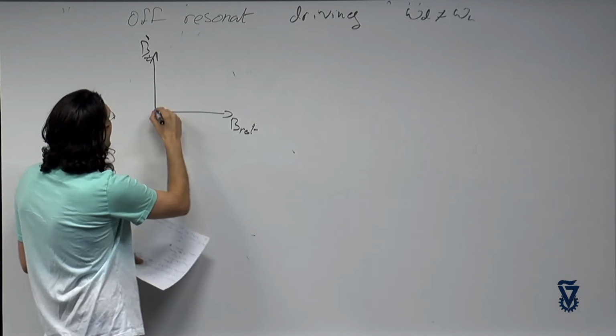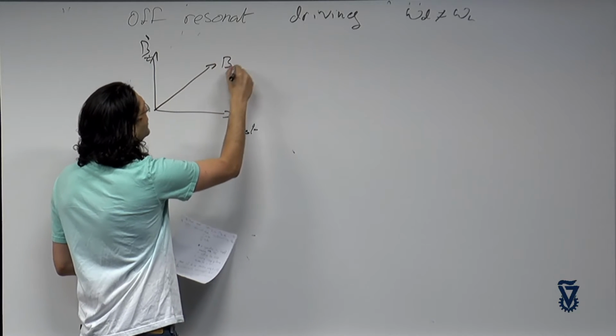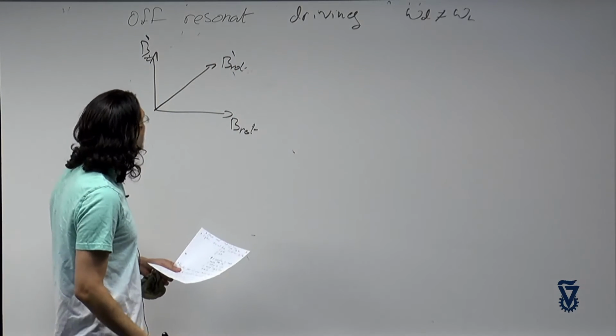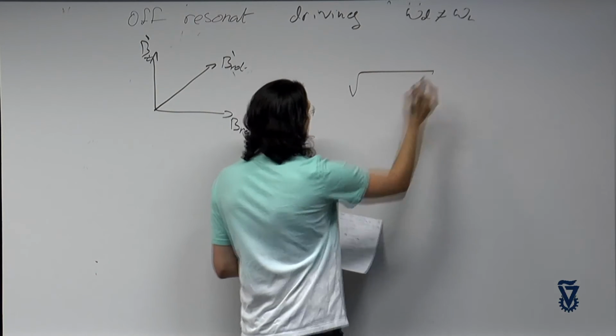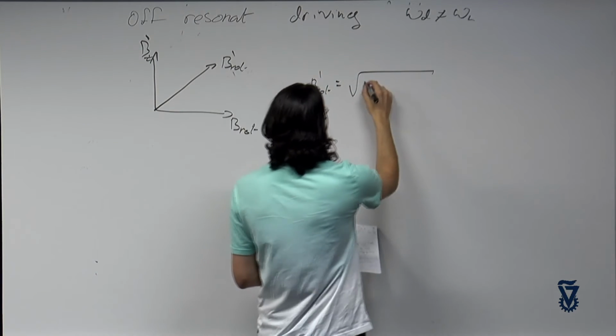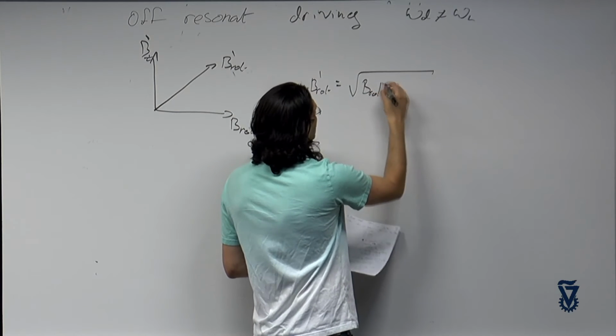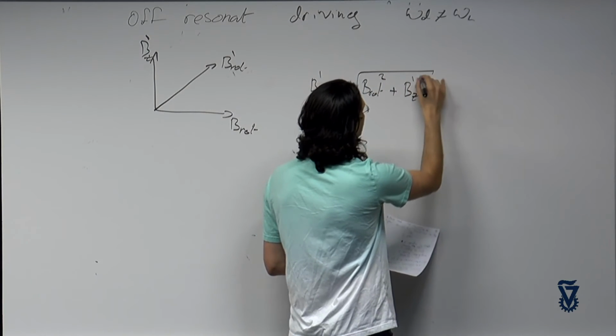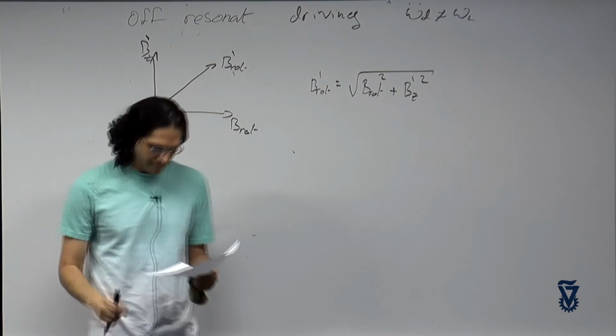And then we get an effective B prime. So in the rotating frame, we have an effective field, which is basically the square root of B rot squared plus B_z prime squared.